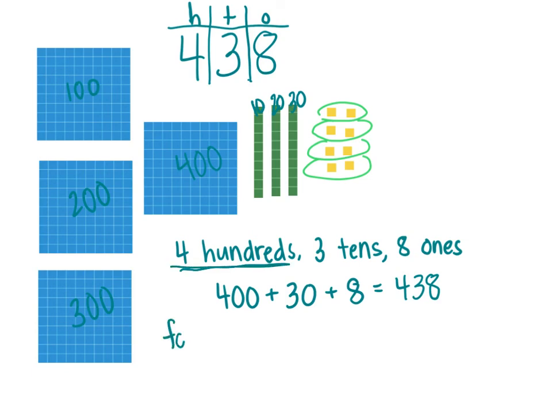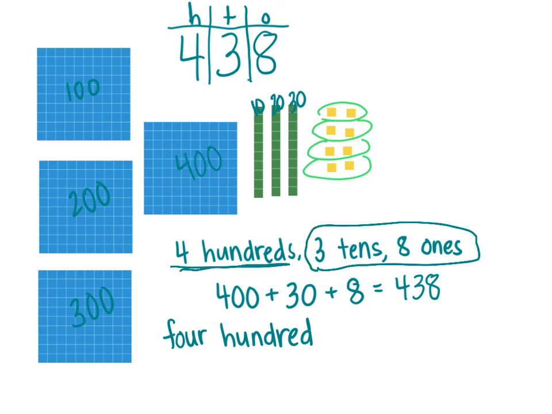So we would write 400. For the next part, you have to look at your tens and ones place together. If we have 3 tens and 8 ones, what's that number together? 38. So we'd write 30 dash 8. 438.